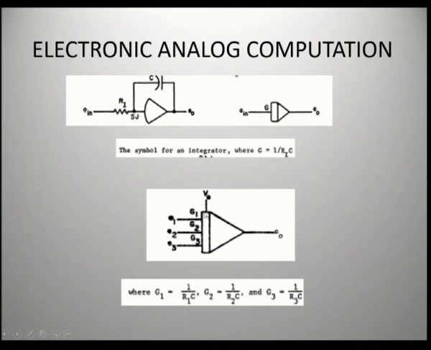If you see the rectangle box at the first stage of the symbol, then it is an integrator. If it is not so, then it is an amplifier. So, E1 is the signal integrated with the time constant G1 plus E2 is the signal integrated with the time constant G2 plus E3 is the signal integrated with the time constant G3. That is the output you can take at this symbol.